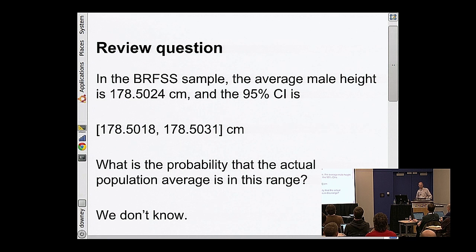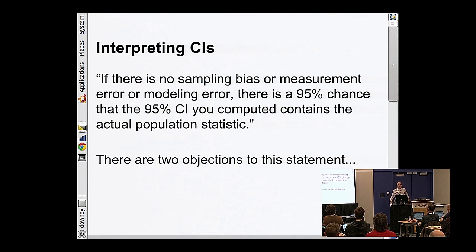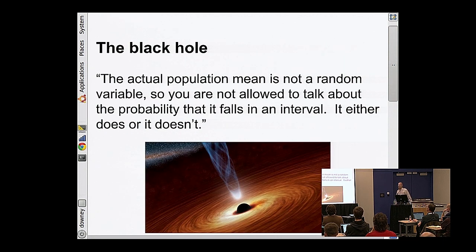The stupid one is the black hole of statistics. In classical frequentist statistics, something like the population mean is not considered to be a random variable. And so you're not allowed to talk about probability with respect to a thing that's a constant.